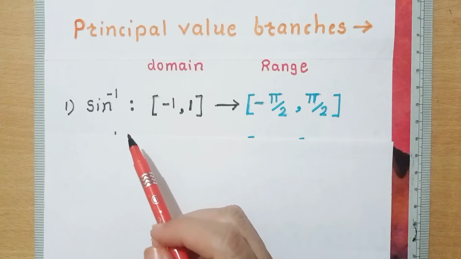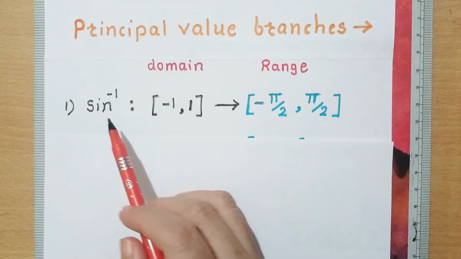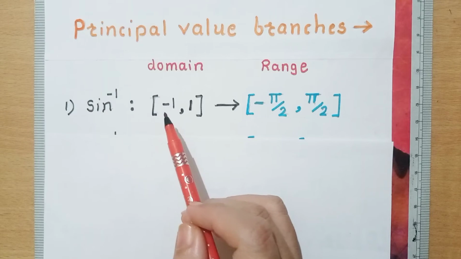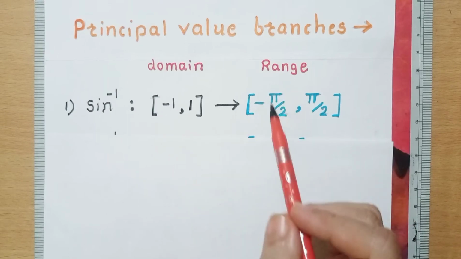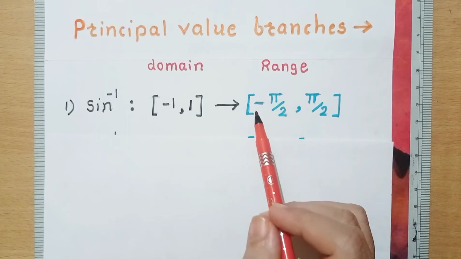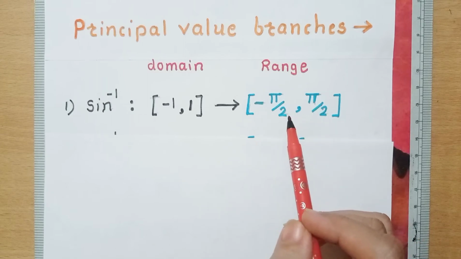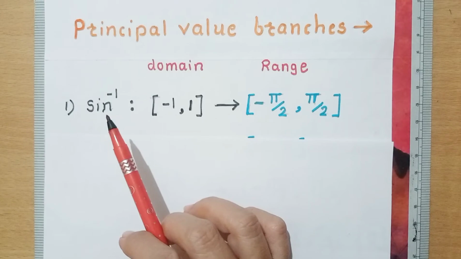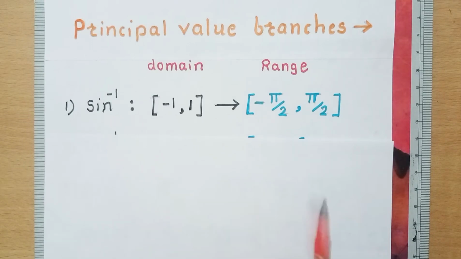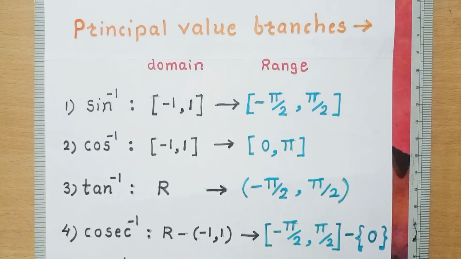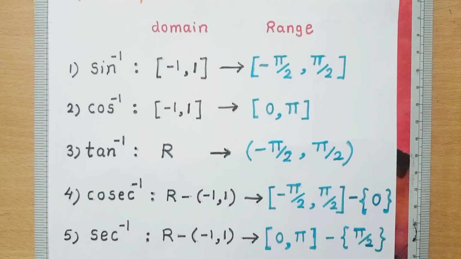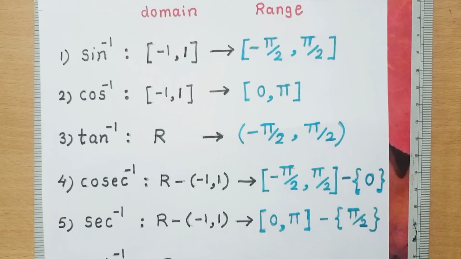So we have seen that the domain of the sine inverse function is the closed interval minus 1 to 1, and the range is the closed interval minus pi by 2 to plus pi by 2, and this is called the principal value branch for sine inverse. So I have written all principal value branches for the remaining inverse trigonometric functions.